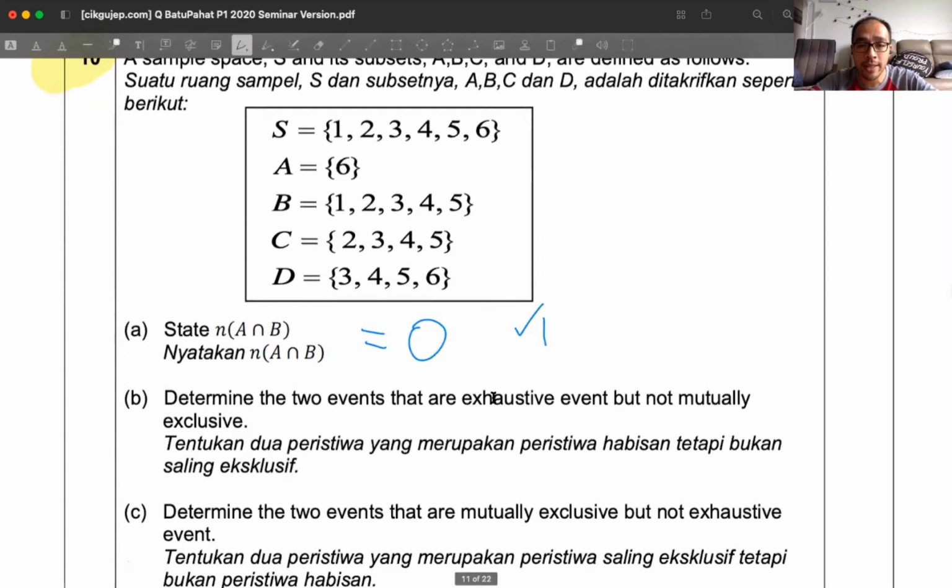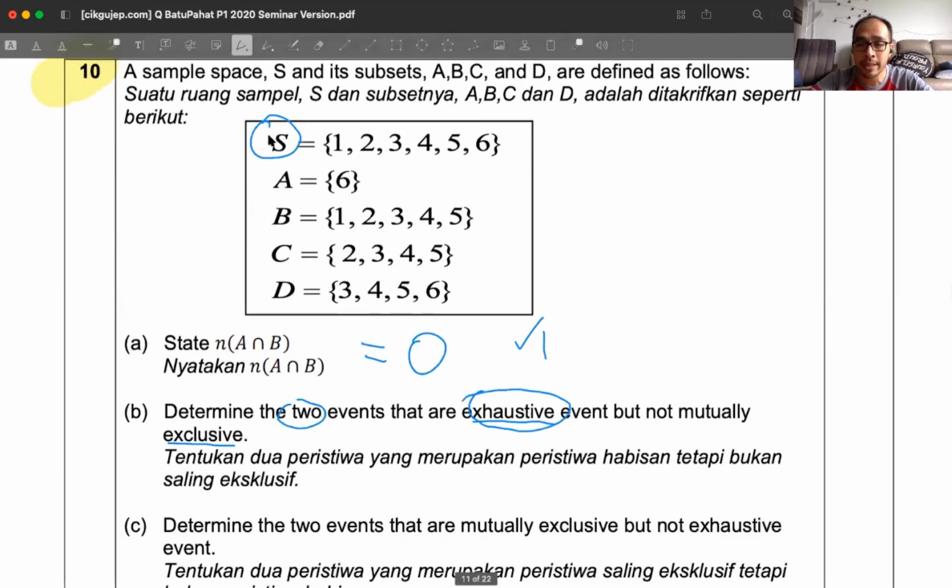Determine the two events that are exhaustive but not mutually exclusive. Exhaustive means when you combine the two events, everything in the sample space is inside the combination. So out of A, B, C, D, you have to choose two where 1, 2, 3, 4, 5, 6 is inside, but they are not exclusive.